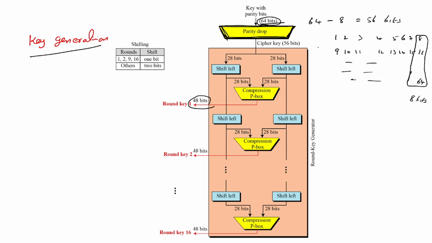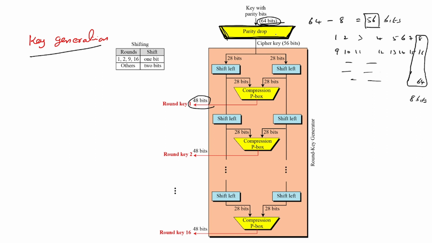These 56 bits must be permuted. Permutation means transposing the positions of the bits. This is also predetermined. That is why it is called parity drop permutation, parity drop P box, compression P box.